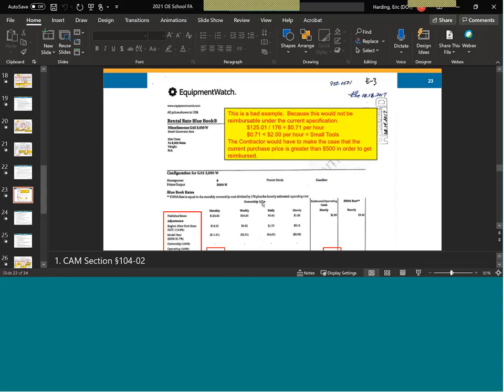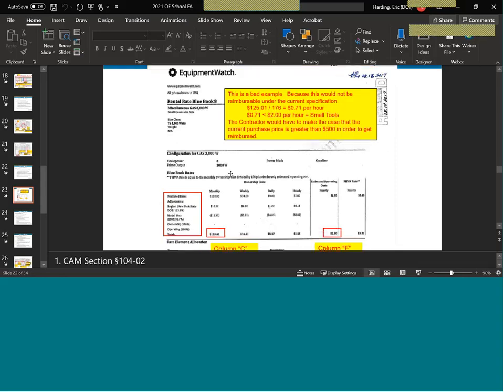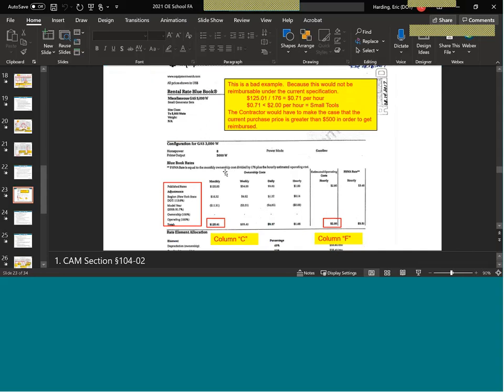All right, here's the example I was talking about. This is not the best example, because under the current specification, this piece of equipment would not be reimbursed to the contractor unless they could somehow show that the original purchase price was greater than $500.